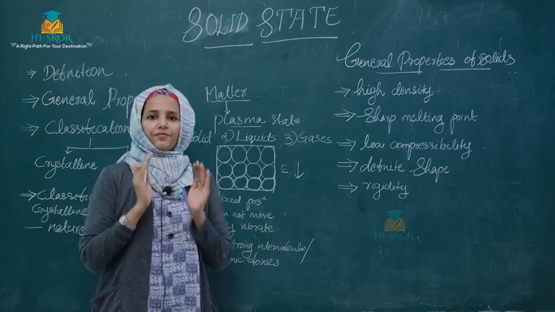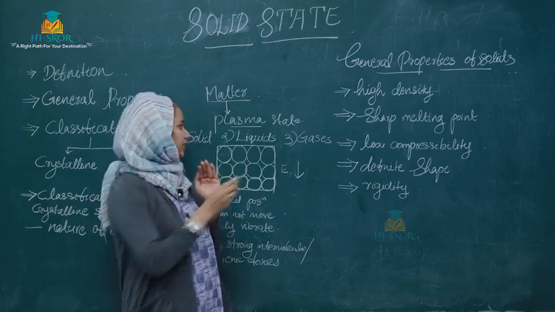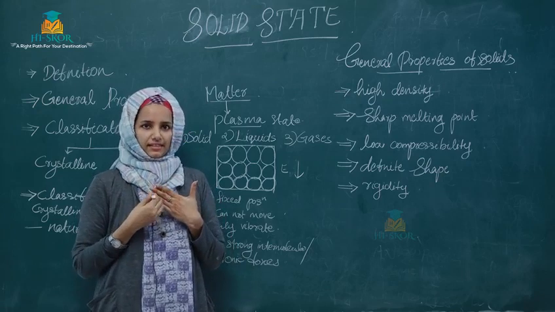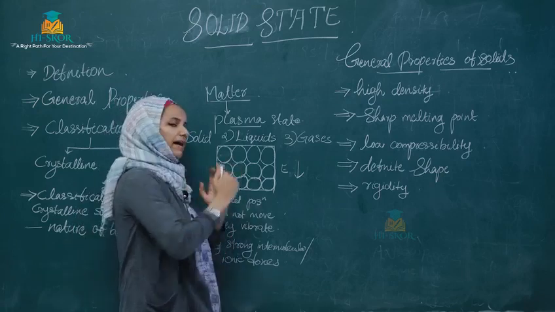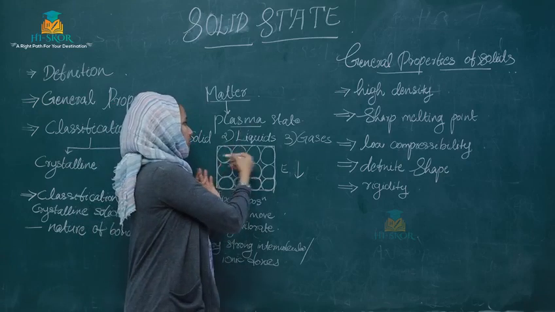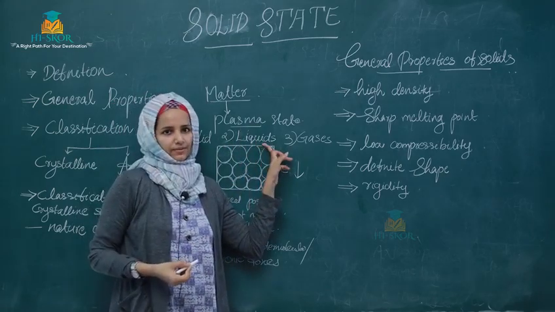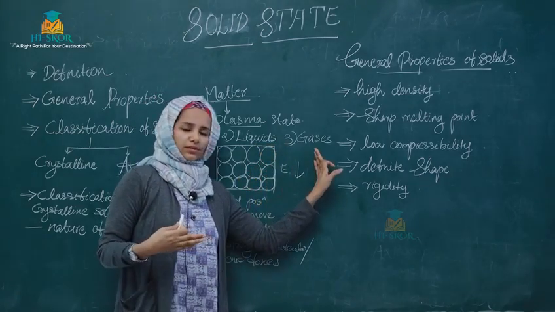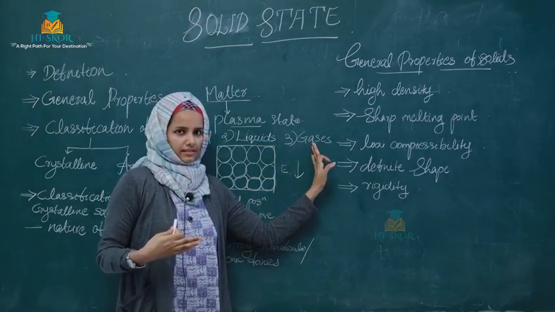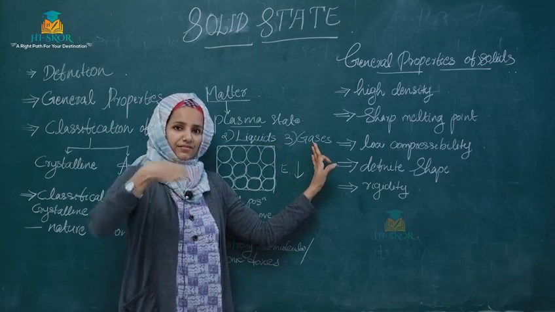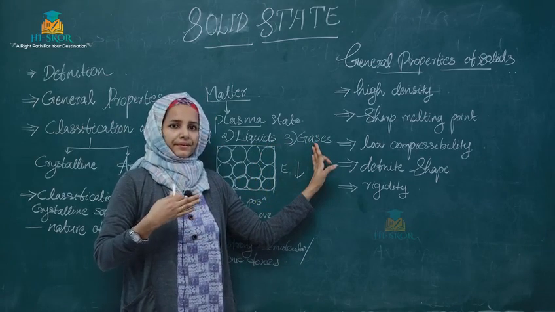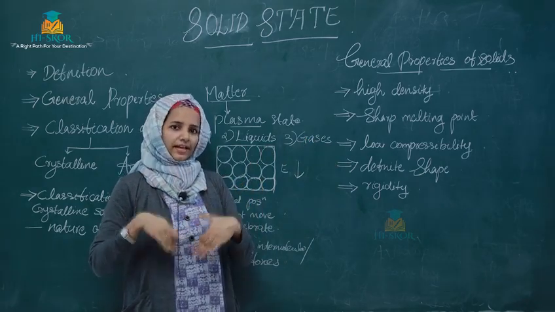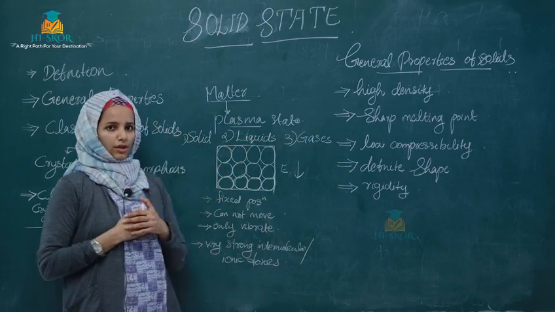Again, if we give some more heat energy, it goes into the other state, that is gases. When you do the reverse of the process, that is, when you cool gases, they return to the liquid state. When you cool again, it comes back to the solid state.